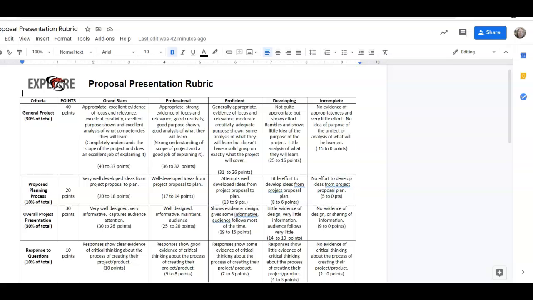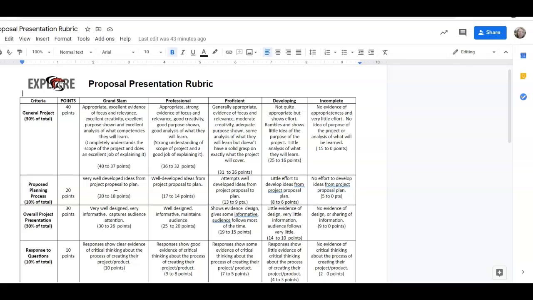So on Emily's, I gave her, I think, a 38, maybe 39 on this one, because I didn't feel like it had excellent creativity yet, but I definitely felt like she had an excellent concept and grasp of what she was doing. I gave Michaela a 36 here because hers was very strong, but not quite as excellent and completely focused on knowing exactly what it is she's going to accomplish.